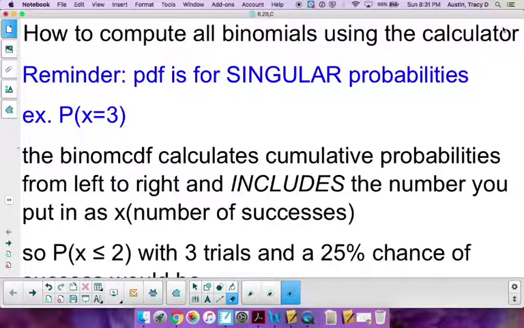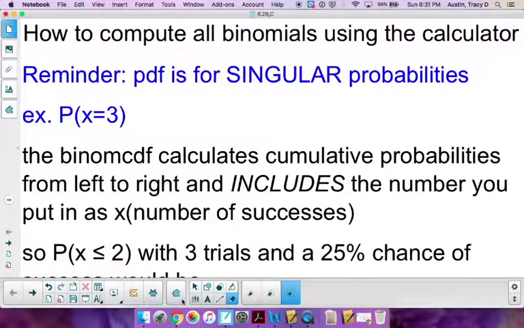Okay, so basically what that means is when you're dealing with a binomial CDF, it's automatic. It's sort of like when you reset your calculator and it automatically goes back into radian mode, right? Or turns off the diagnostic for our regression. The default for a binomial CDF is always going to be a less than or equal to. Okay, it goes up to and including the number that you put in.